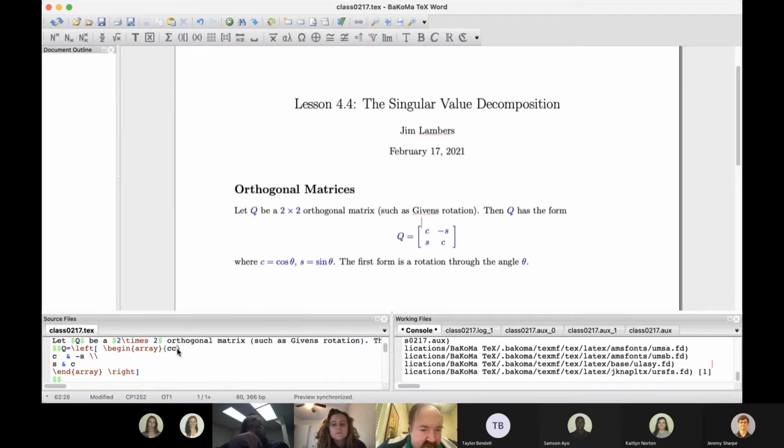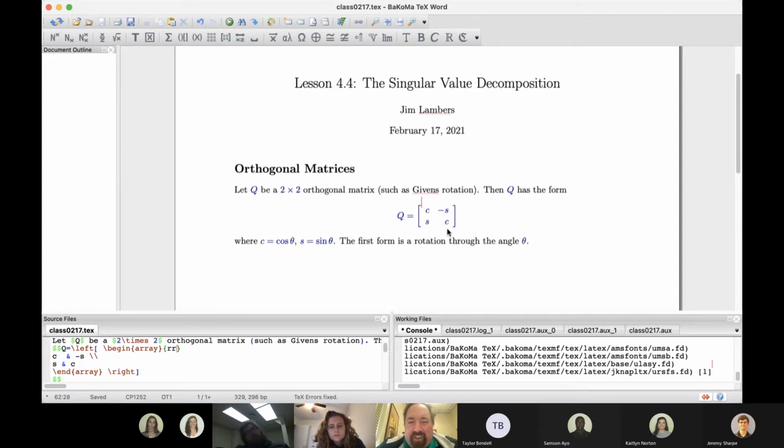I remember when I first presented this in class, talking about Givens rotations, I initially stated the wrong direction of rotation because I can never remember whether it's clockwise or counterclockwise. So I'm going to tell you how I keep it straight.